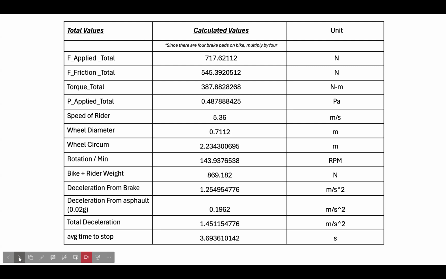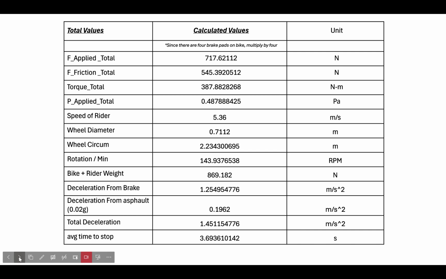And then when we're analyzing the speed of the bike itself moving, we assume that the speed of the person was 12 miles per hour. When we convert that into meters per second, it came out to be 5.636 meters per second. And then we got the diameter of the wheel, which came out to be 0.7112 meters.